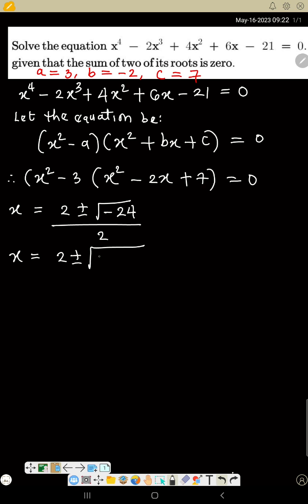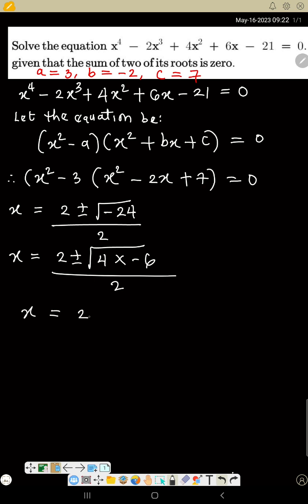Remember 24 is 4 times 6, and because there is minus there, that minus will turn to a complex number here, but let me just say minus 1 times 4 times 6, so you can understand what I want to do.